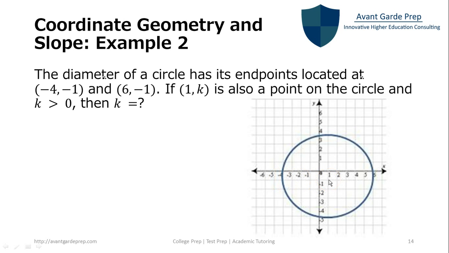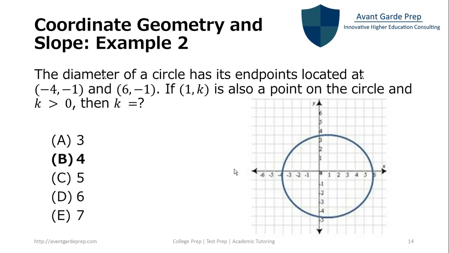So if we have a point at x of 1, which we can see right here, and k is greater than 0, so it's going to be in this quadrant here, we can just go up and see that the answer is going to be 4. So (1, 4), and k is going to equal 4. So let's take a look at our answer choices, and that's actually B.